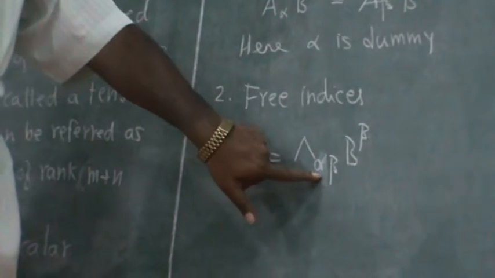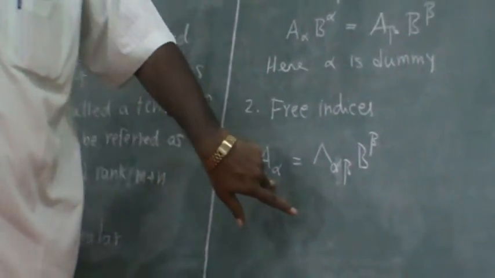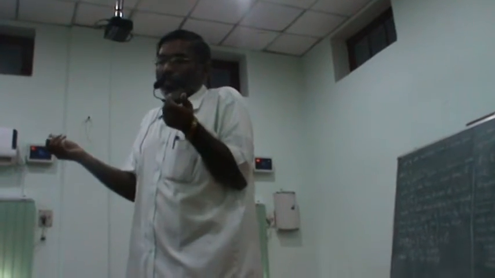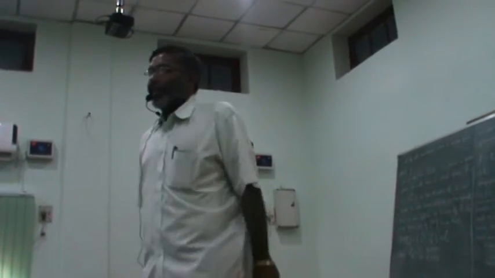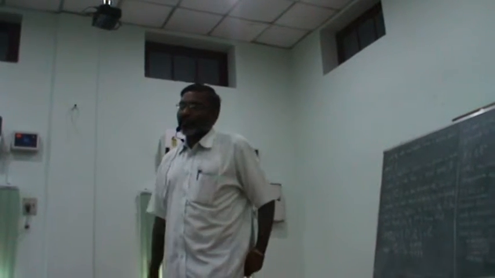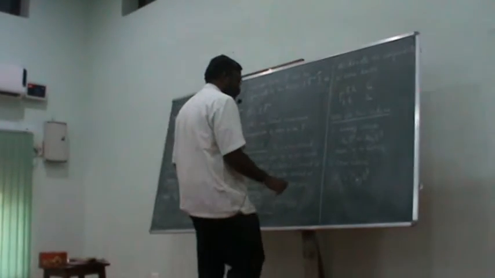So this should be conserved. On the right side you should have an alpha, and on the left side you should also have an alpha. If you don't, the free indices are not conserved. Conserved is a very physical term, but here I am simply saying they should have the same position and the same number of free indices on either side of the equation. If not, that means you didn't write the equation correctly. So this alpha here is a free index.